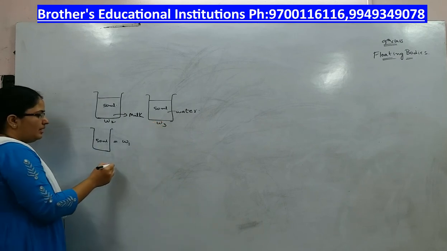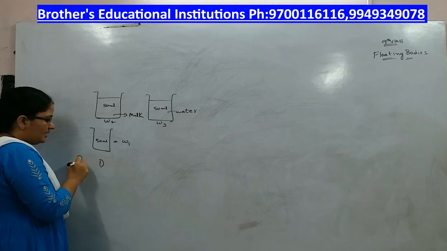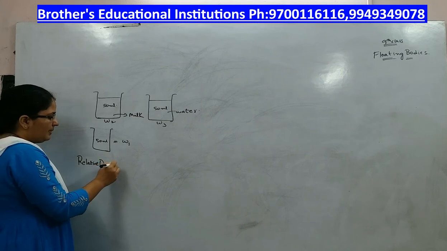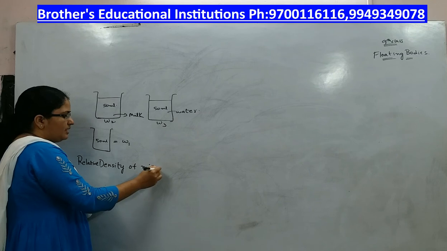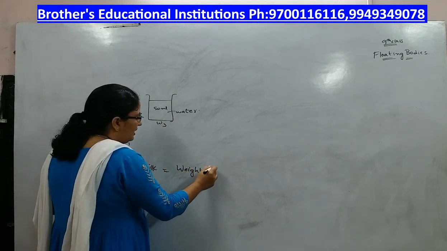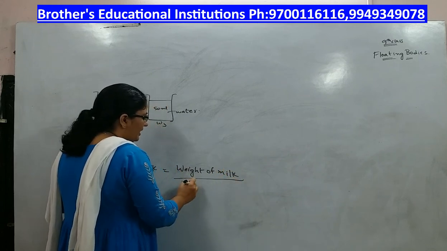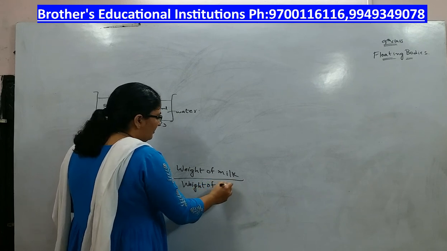Now, relative density of milk is equal to weight of milk by weight of water.